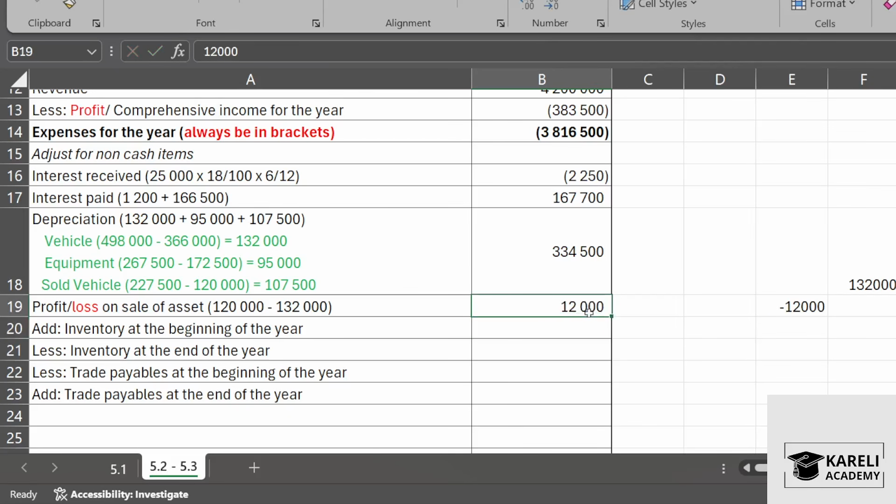Now, how do we know if it's a profit or a loss? If we sold it for more than the carrying value, we made a profit. But if we sold for less than the carrying value, we made a loss. In this case, we sold for 132,000, meaning that is a profit.